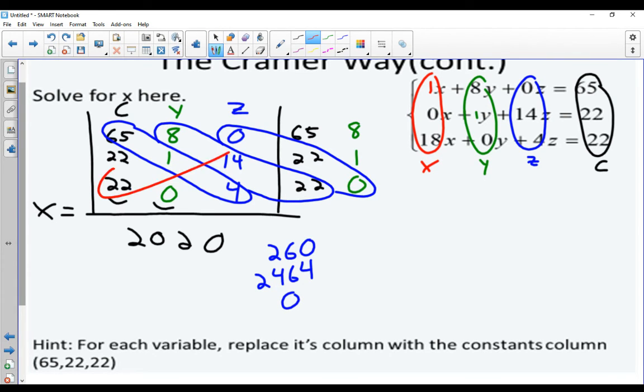Now the upwards diagonals. The first one gets you 0. The second one is also 0. The last one is 4 times 22 times 8. 4 times 22 times 8 should get you 704.